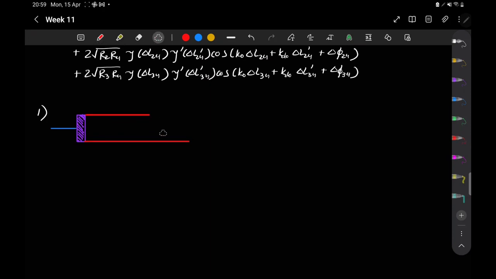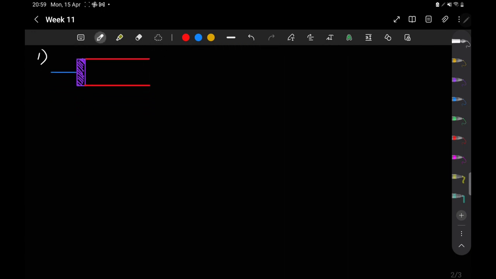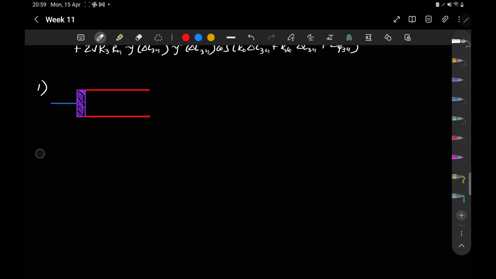Path 1 is short. This. Then path 2. Oh, sorry. Also the phases.